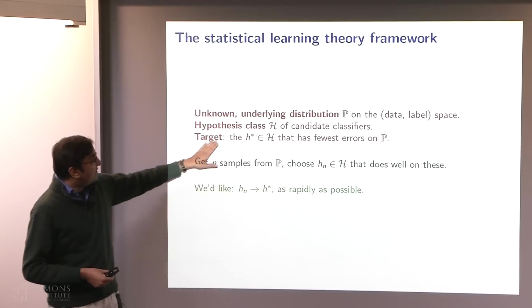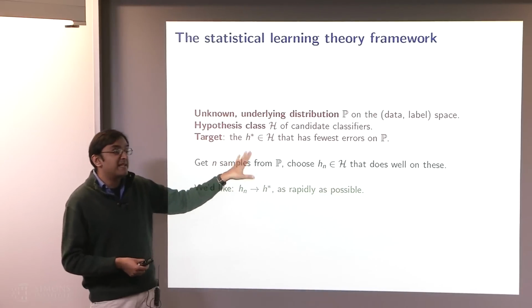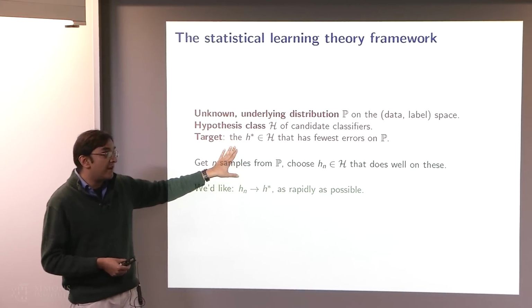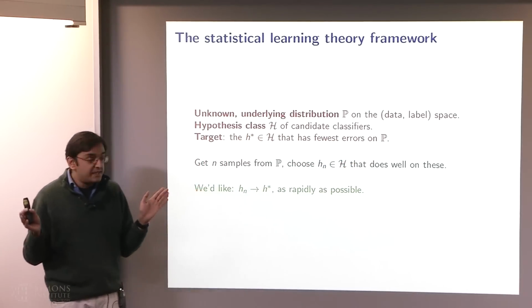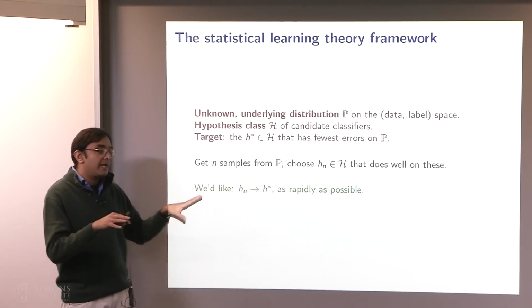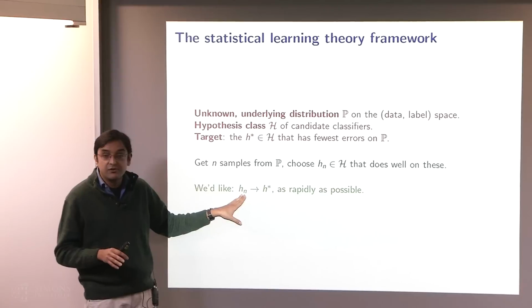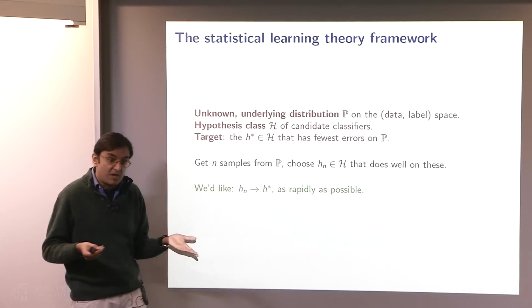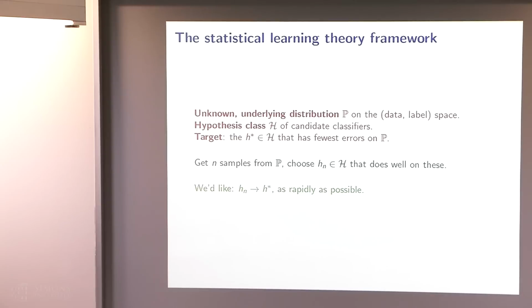We are picking a classifier from some class H, and we want to find the very best thing in the class, the thing that has lowest error on that underlying distribution. Now, since we don't know what the distribution is, we just take a few samples from it, and we do well on those samples, and then the statistical theory takes over and tells us that as the number of samples goes to infinity, we converge to that best possible classifier. So that's the statistical learning model.